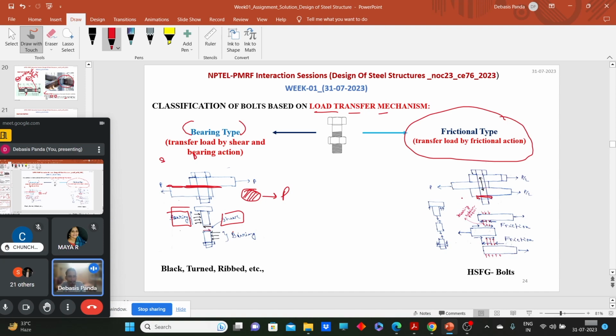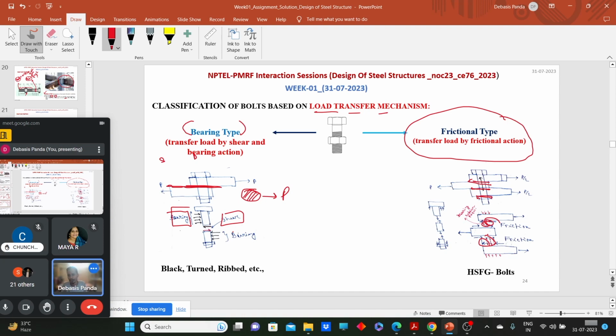So what will happen in these two sections? The friction will occur, right? They are just pressing each other. We have induced an initial tensile stress which produces enough tension which can transfer the load from one member to another member. So during this frictional action, the load is getting transferred.